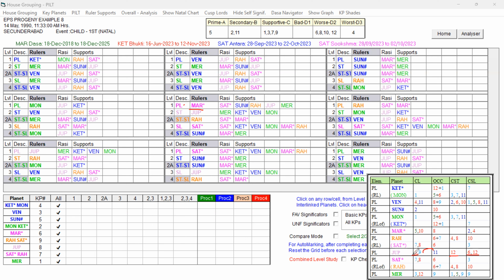According to your convenience, you can allot any color for any planet, but you should know for what purpose you are allotting that color, so that while doing the EPS table study or PILT table study you will be able to identify it. The color allotment should also be such that you can easily differentiate it from other planets.